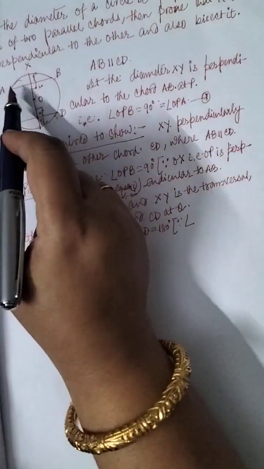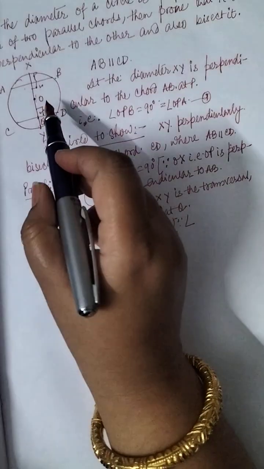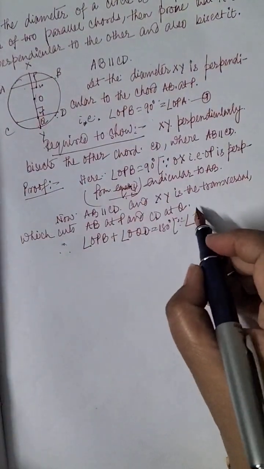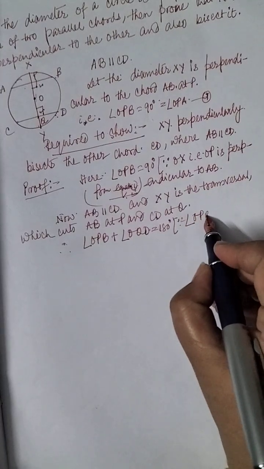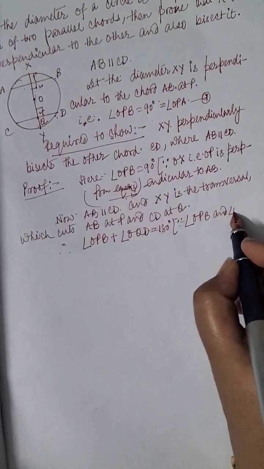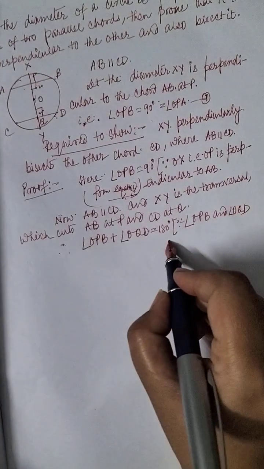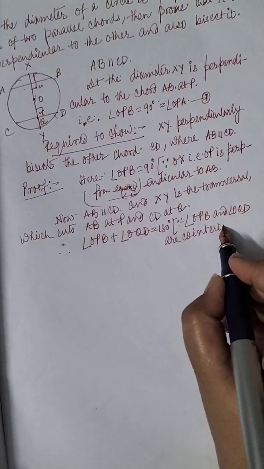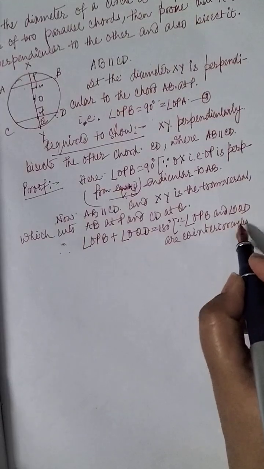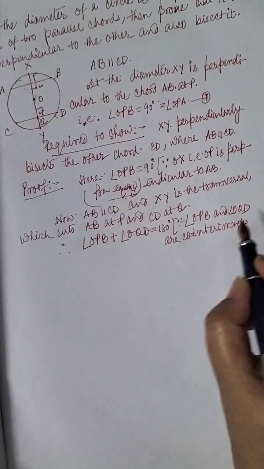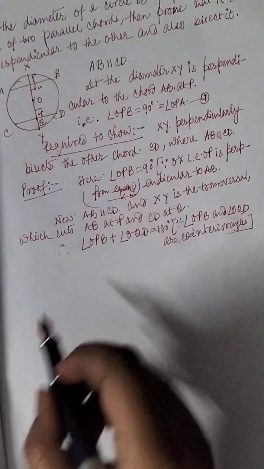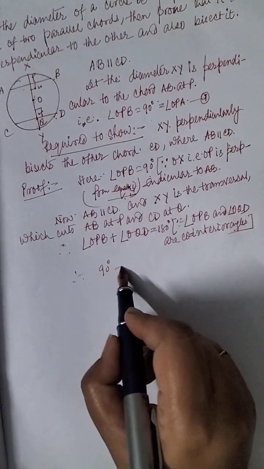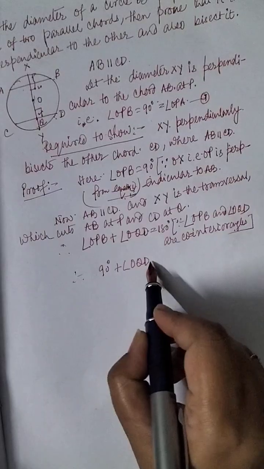As these are parallel, this is the transversal, so of course these two angles, angle OPB and angle OQD, are co-interior angles. Co-interior angles, right? Therefore, OPB is 90, so we can put 90 degree here, plus OQD equals 180 degree.